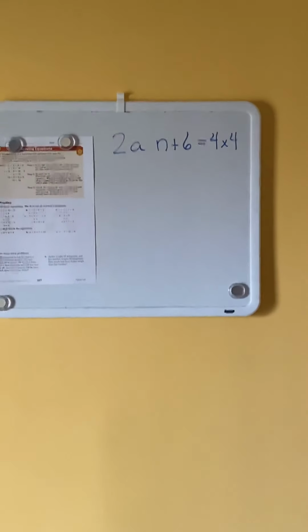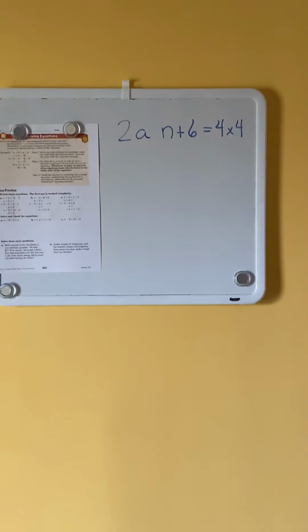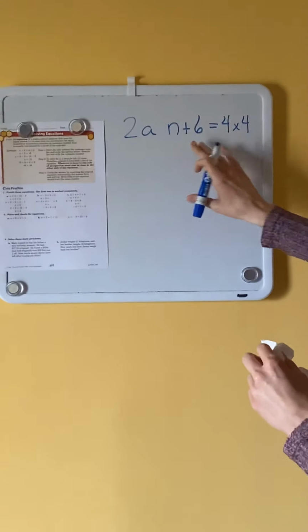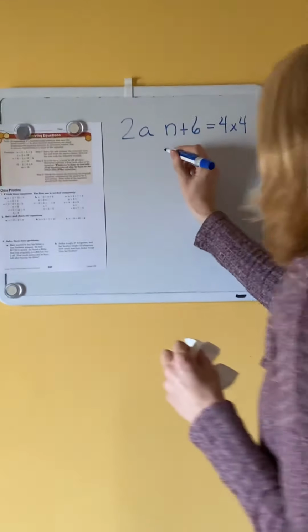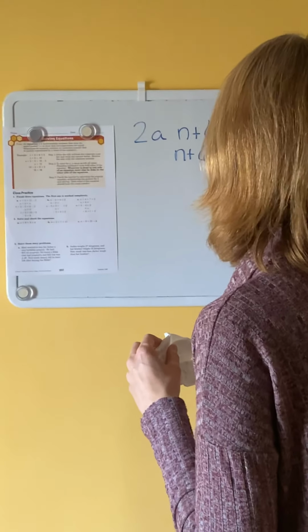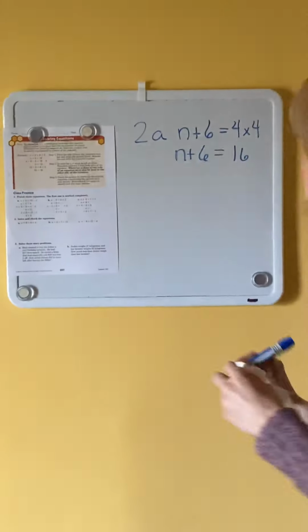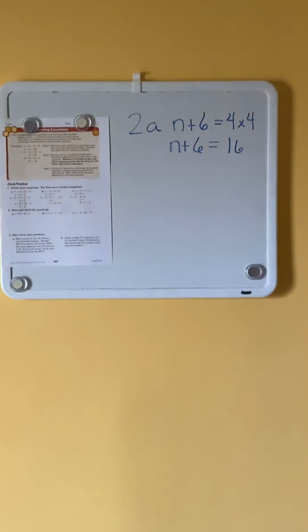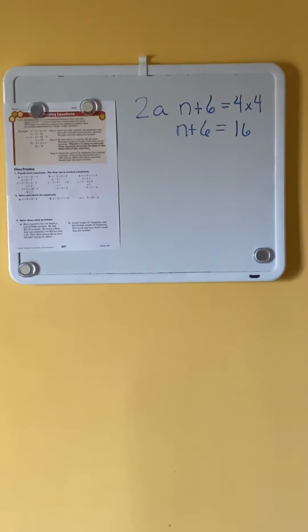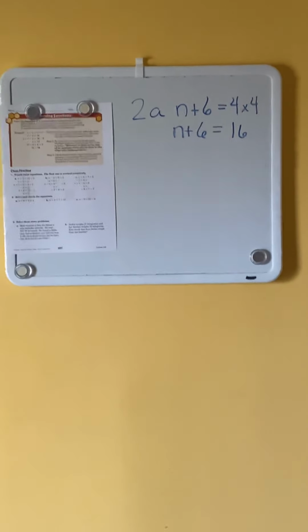All right, so step 1 says to solve the side with the unknown number, or that doesn't have n, the other side, the opposite side. So we would write n plus 6 equals 16. So we solve the side that doesn't have n. Now we need to get n by itself.